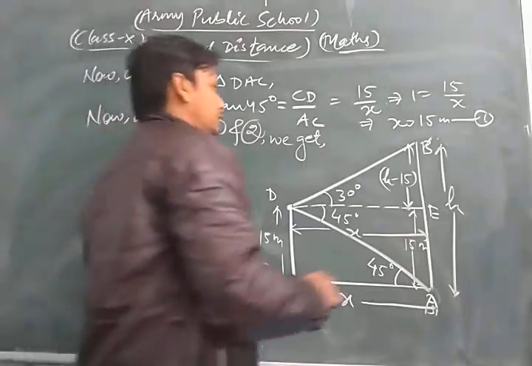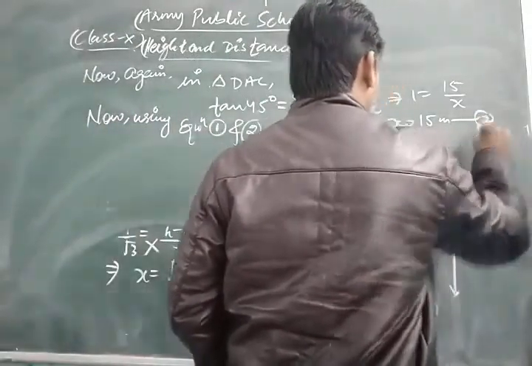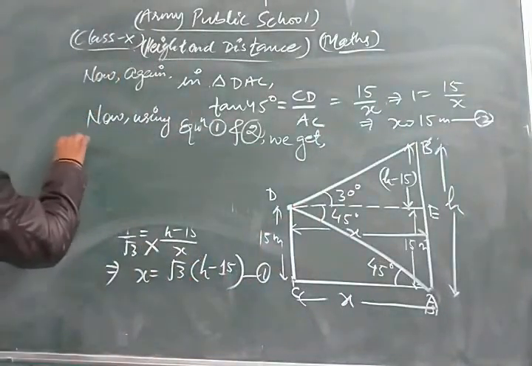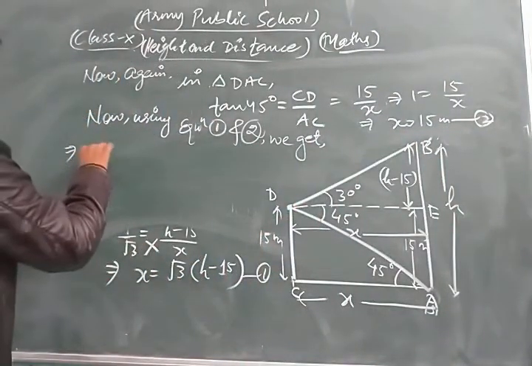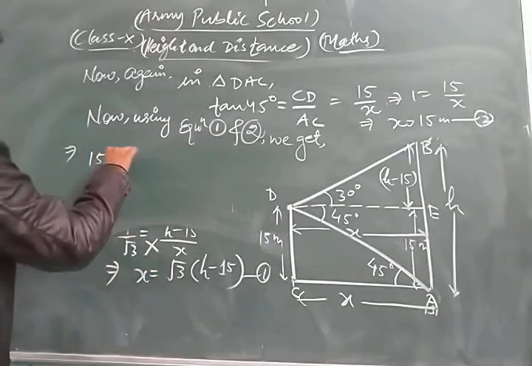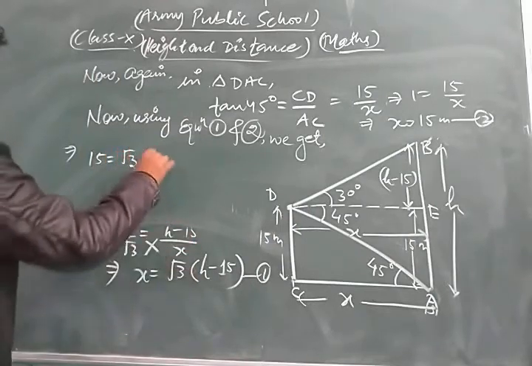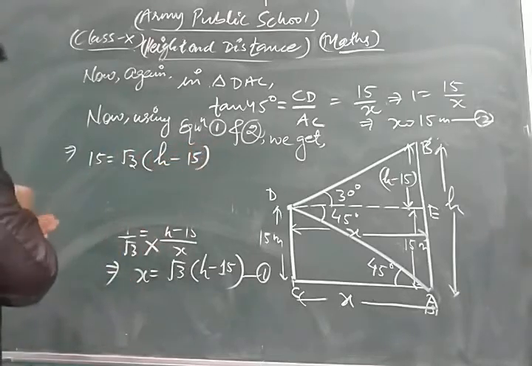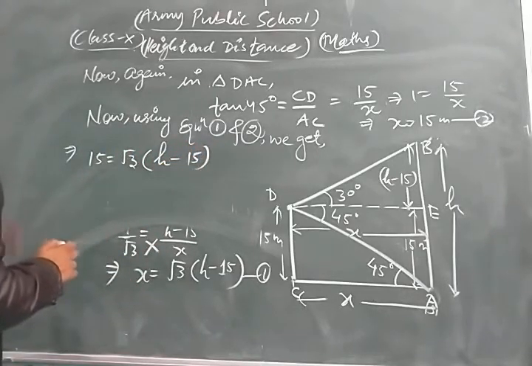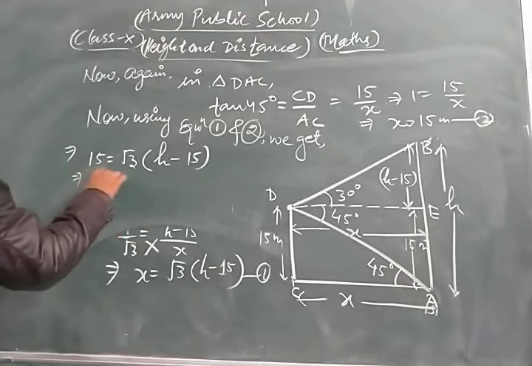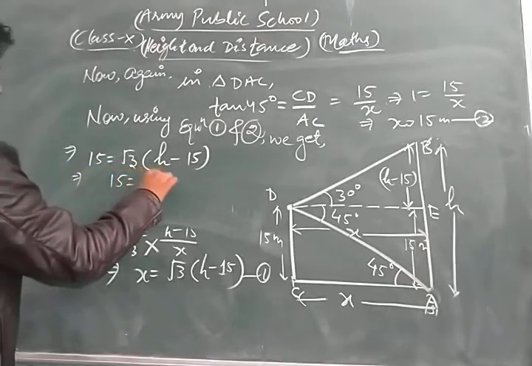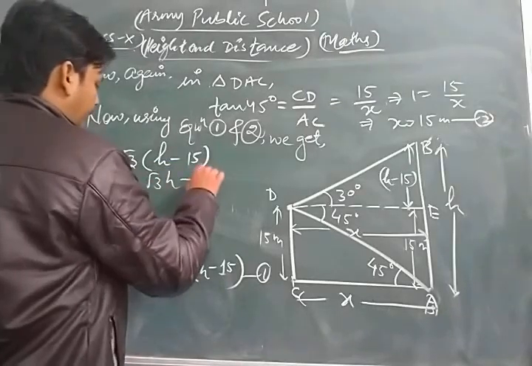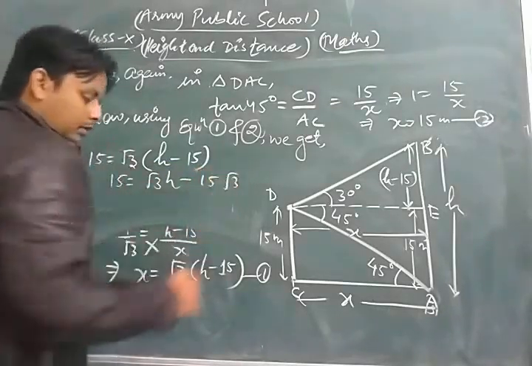This is equation 2. Now we just put the value of X in equation 1, so 15 equals root 3 times (H minus 15). Now we simplify them. H minus 15 equals 15 upon root 3. Now look.